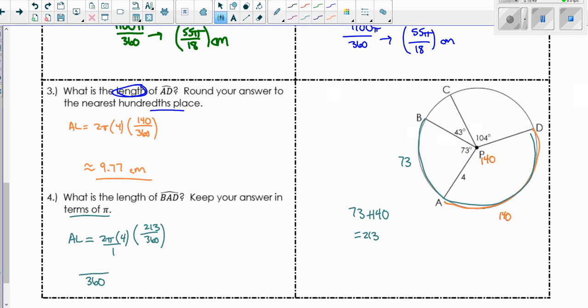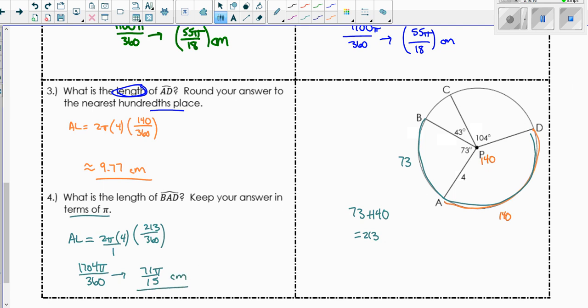My numerator is 2 times 4 times 213, which is 1704 pi. And I'm going to divide that by 360, change it back into a fraction, and I get that my arc length is 71 pi out of 15. I'm going to again call it centimeters.